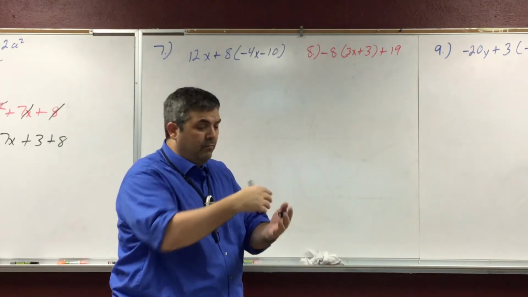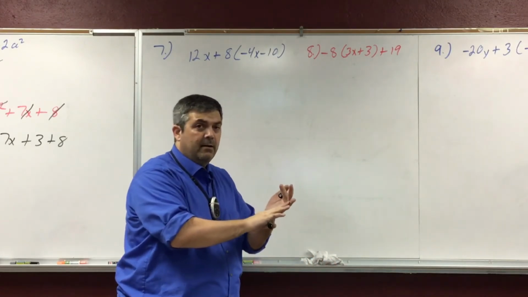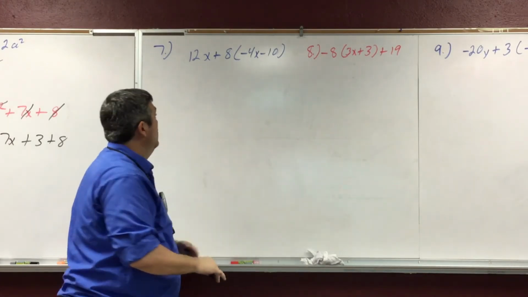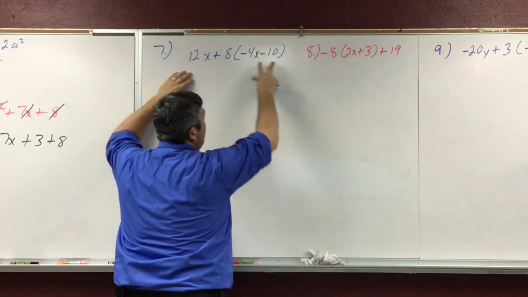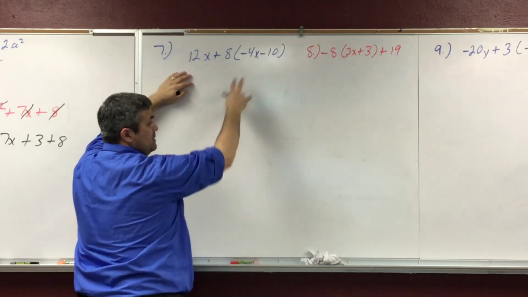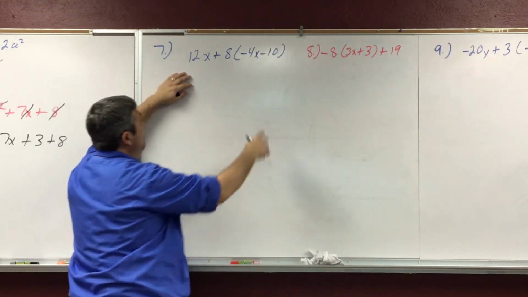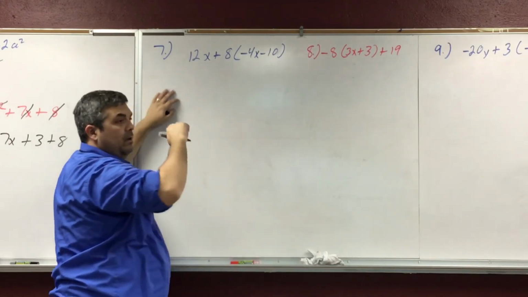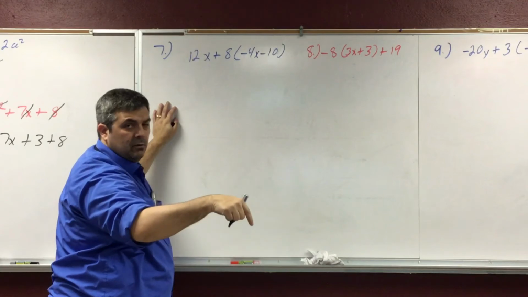Now you've done all this other stuff, you're down to just that. So I have to get down to just that so that I can combine my like terms. Well, here, I can't combine those two because they're not like terms. But what I can do is use my distributive property and distribute that 8 all the way through there.